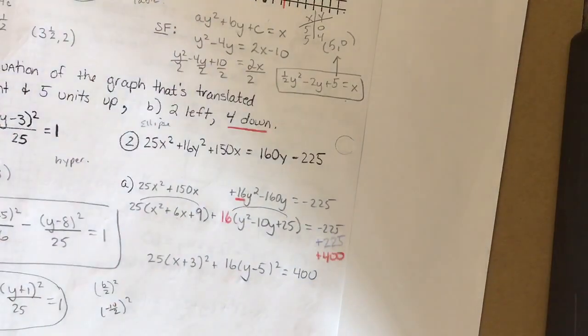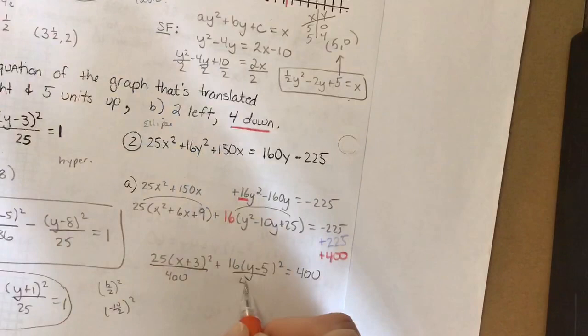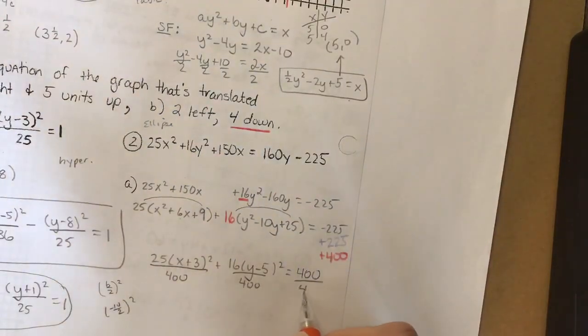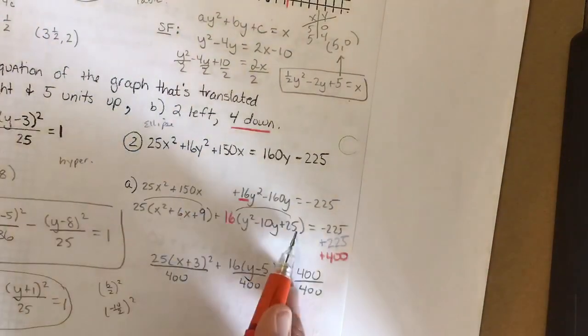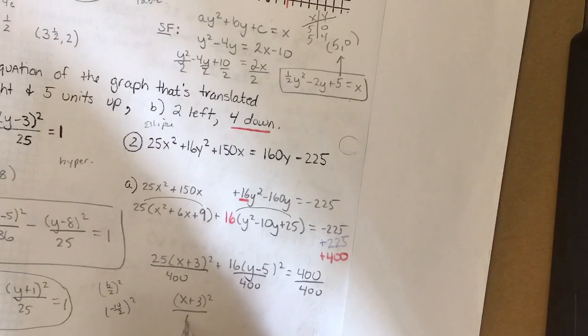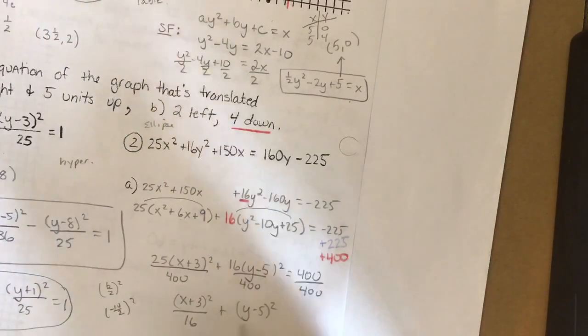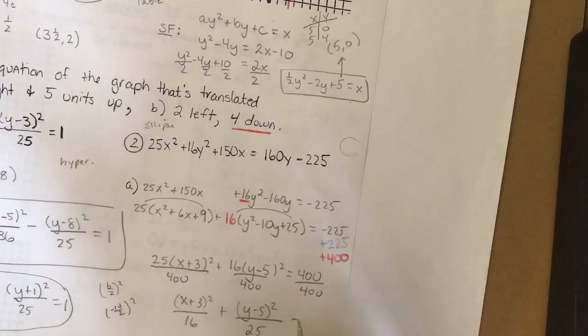All right. Now we divide everything by 400. And we just did 16 times 25, which is 400. So this becomes 1/16, and this becomes 1/25. So it's 25, and that equals 1.